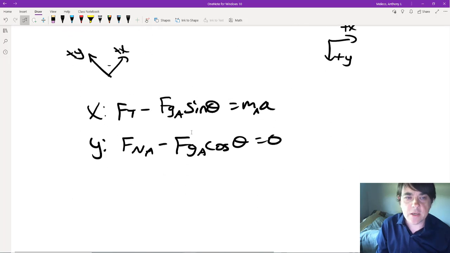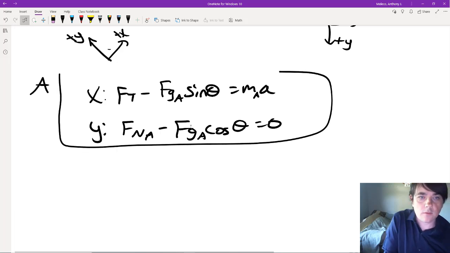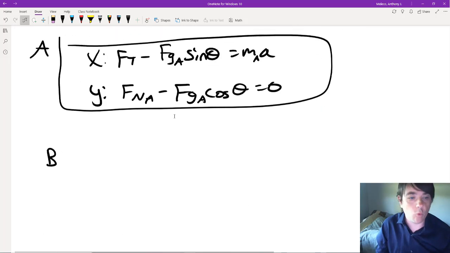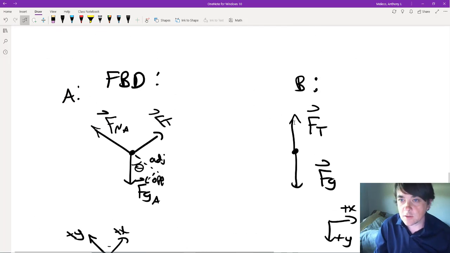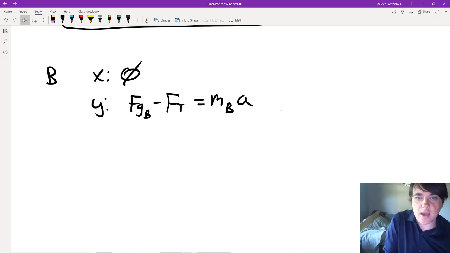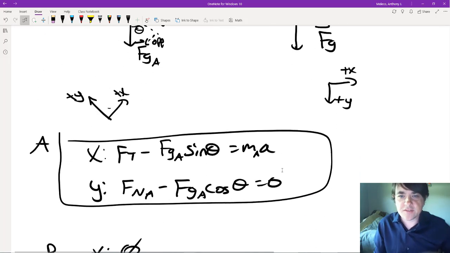So this is for A equations. In the B, we just really have one. The x is nothing, and the y is F_GB, because I said down was positive, minus F_T equals m_B a, and again, positive because down is positive. And we want to solve for the acceleration of the system.